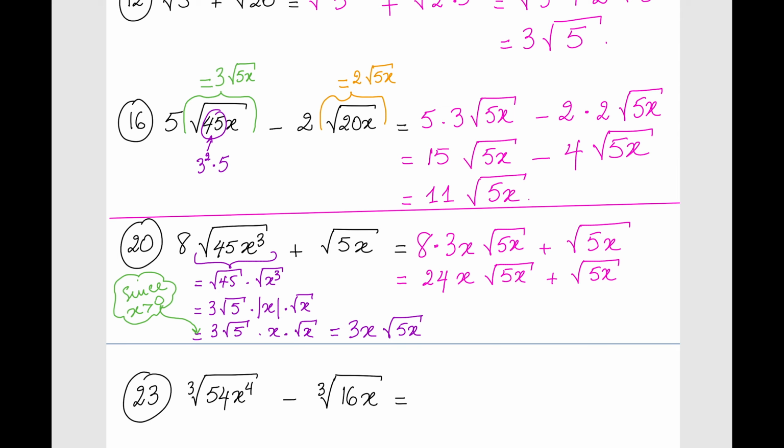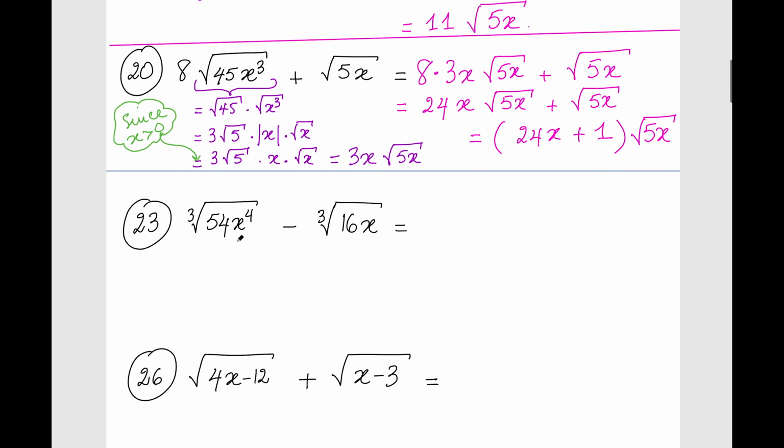And here the best I can do is to factor out that square root of 5x. So this is the best I can do, factor out square root of 5x, and I get 24x plus 1. Okay, so this is number 20.